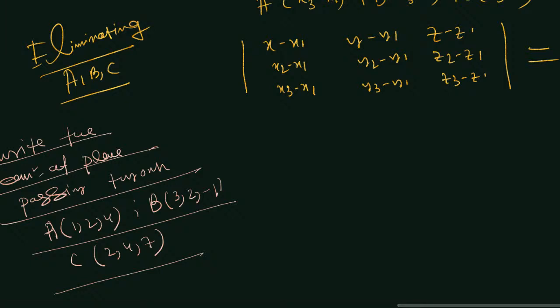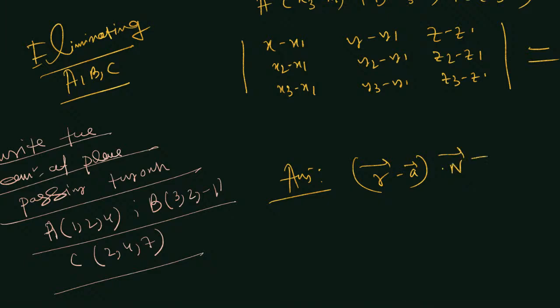So put this form directly, or go by vector form first. Vector form is what? (r minus a) dot n equal to 0. A is what? i plus 2j plus 4k. N is what?